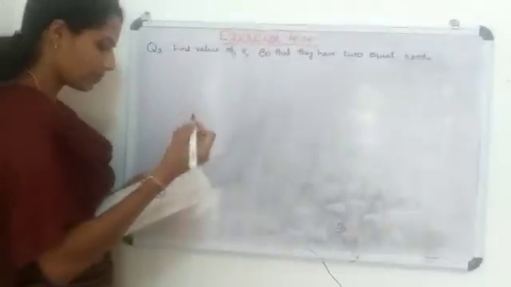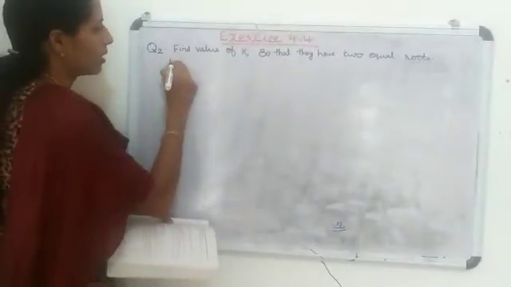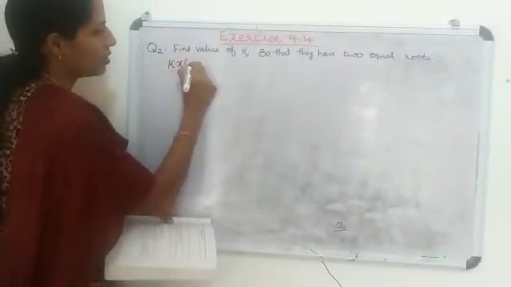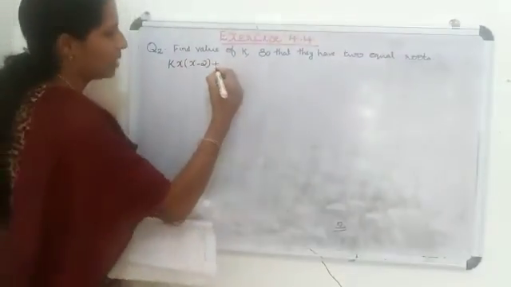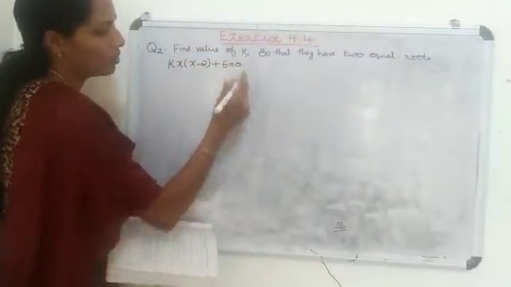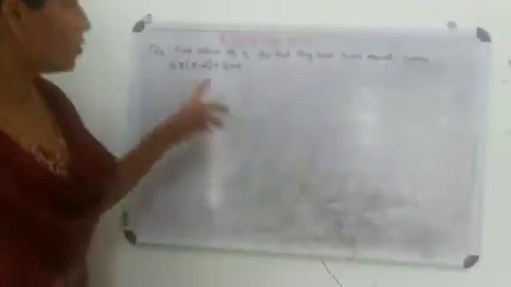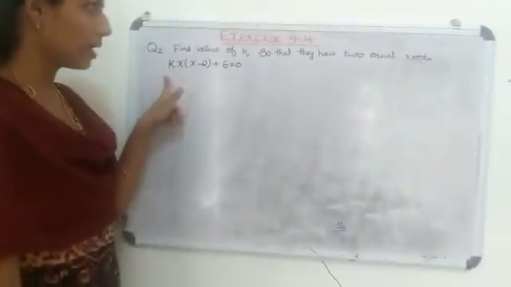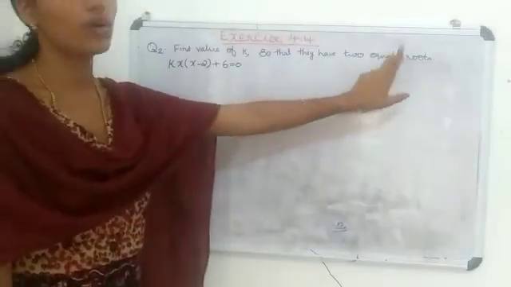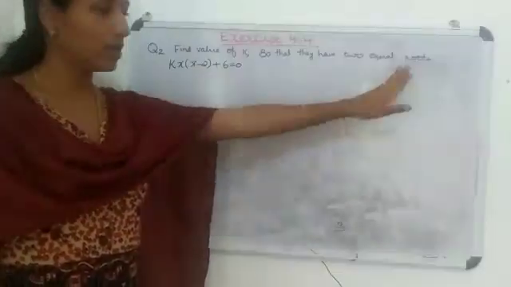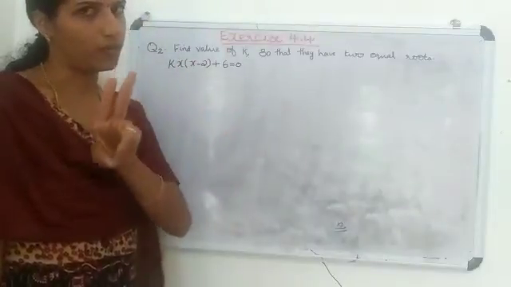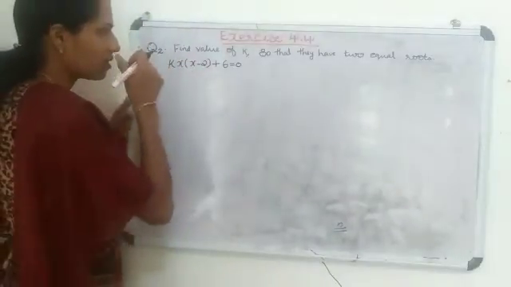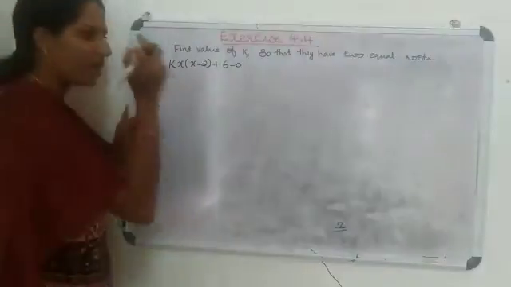The question is kx into (x minus 2) plus 6 equal to 0. We need to find out the value of k so that they have two equal roots. That means b square minus 4ac equal to 0.